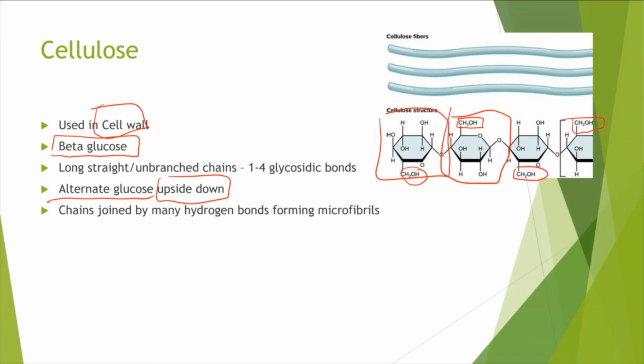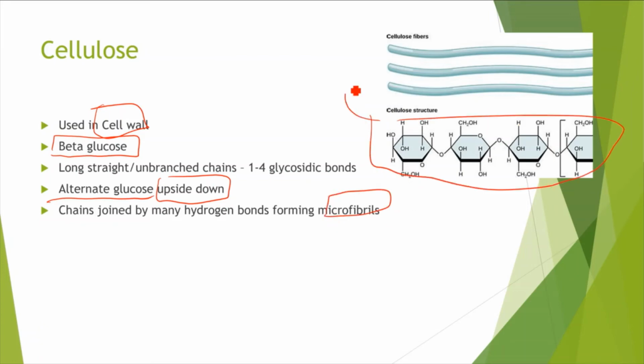And the chains are joined by many hydrogen bonds forming microfibrils. So let's say this is a chain, and the chains would be joined by hydrogen bonds, which would form a microfibril.